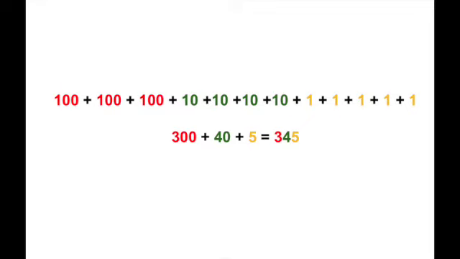We can simplify that by adding all of the reds and getting 300, all of the greens and getting 40, all of the yellows and getting 5, and then adding 300 plus 40 plus 5 to give us 345.